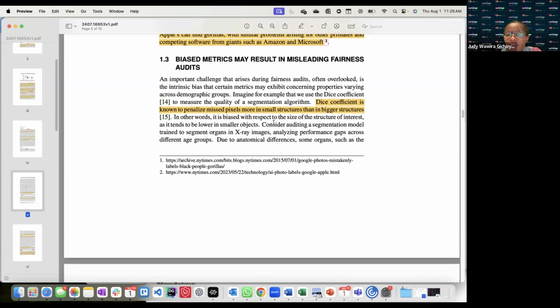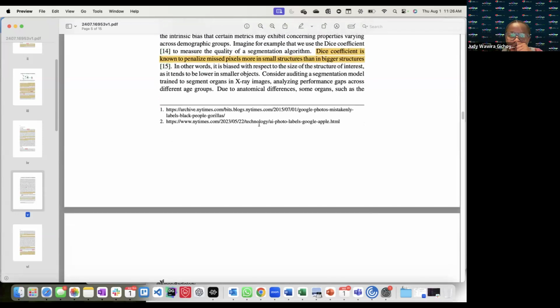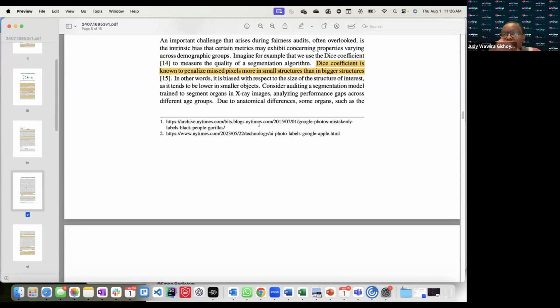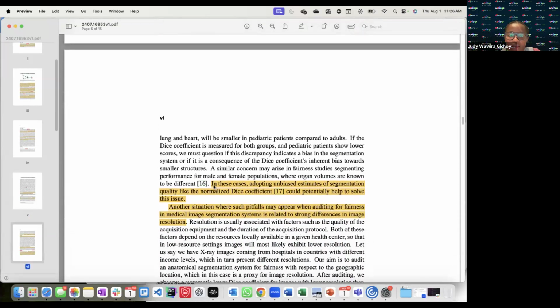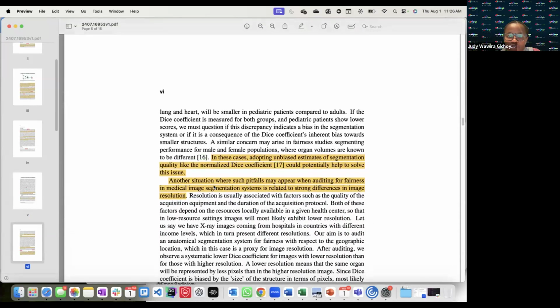So it may be biased with respect to the size of the structure of interest, as it tends to be lower in smaller objects. I honestly did not know that, so that was a good lesson for me. If you have, for example, a small organ or a younger patient, where organ size can vary, or post-surgical changes in an organ, then you could get into trouble as you think about these metrics.